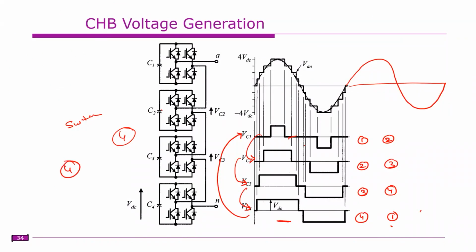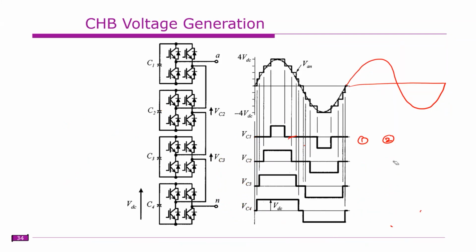There are some methods where within one cycle only we can equate the powers. That we'll learn when we study the PWM schemes. So that is the advantage with cascade H-bridge inverters.